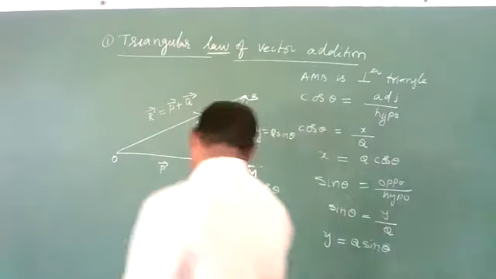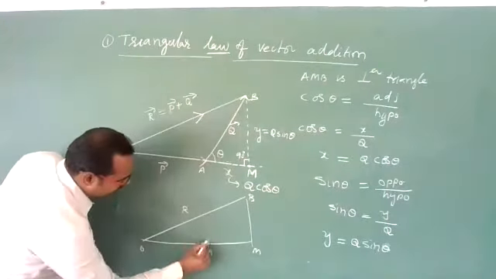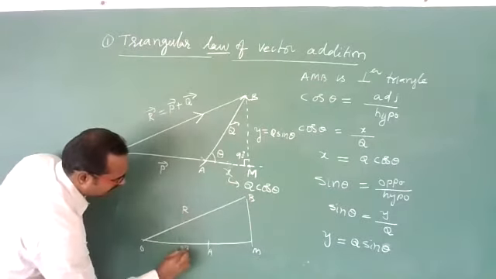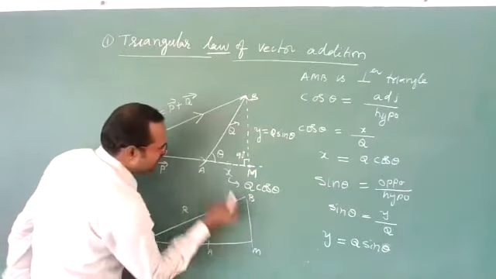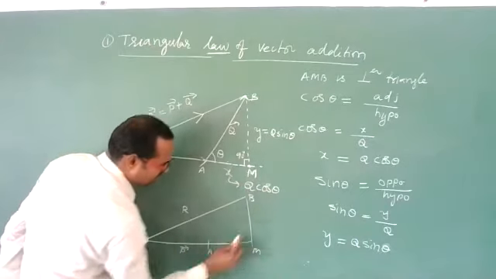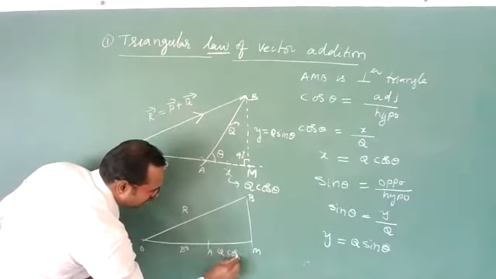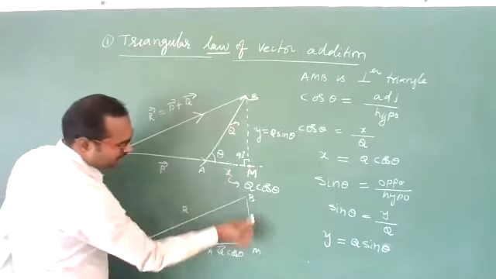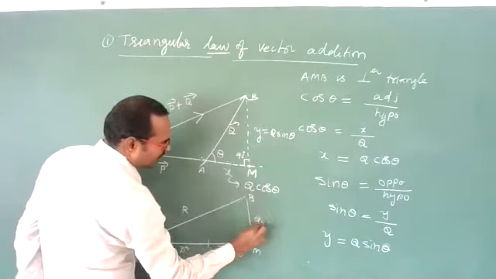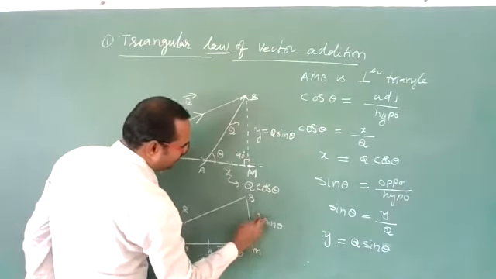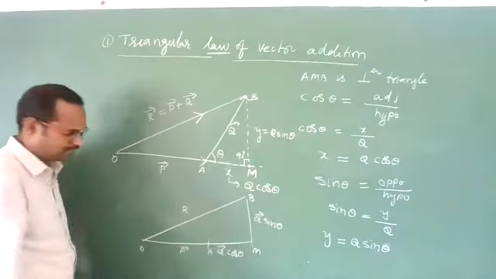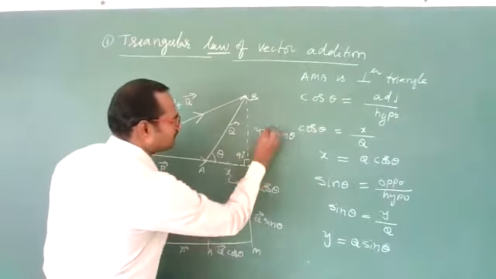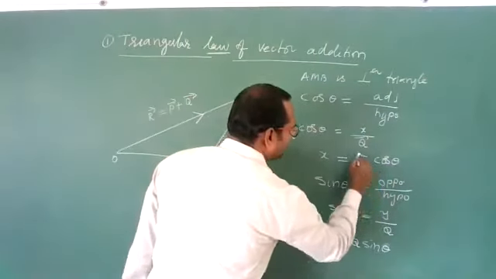Good, Shreya. Now, from O to A, distance how much, Nana? P bar or P. A to M distance how much, Nana? A to M distance is Q cos theta. Yes, right. Q cos theta. If you want vector, Q bar cos theta. B to M value how much, Nana? Q sin theta. If you want vector, Q bar sin theta.